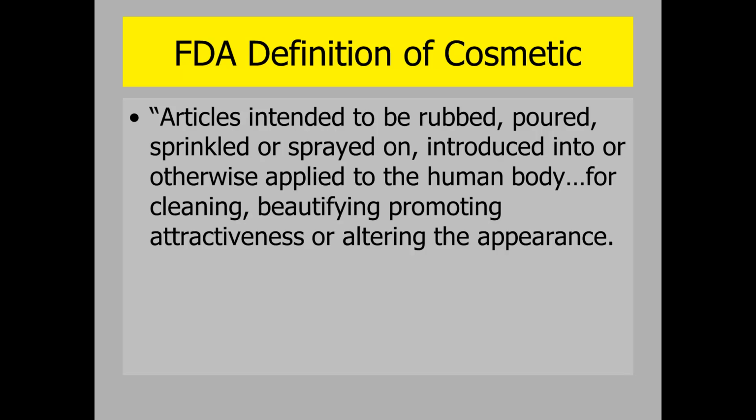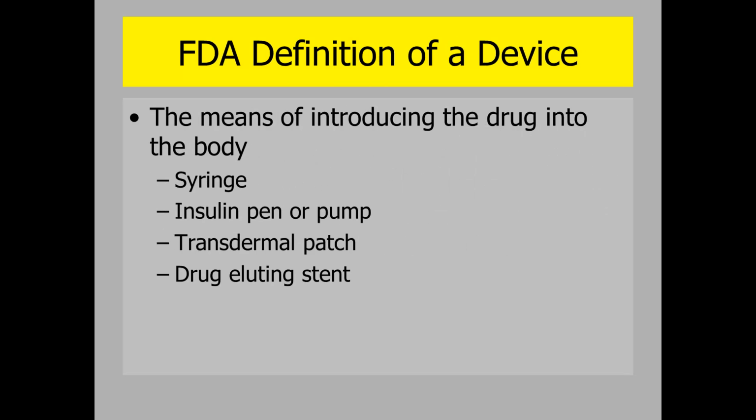The FDA, the Food and Drug Administration, also regulates cosmetics, and they refer to a cosmetic as articles intended to be rubbed, poured, sprinkled, or sprayed on, introduced into, or otherwise applied to the human body for cleaning, beautifying, promoting attractiveness, or altering the appearance.